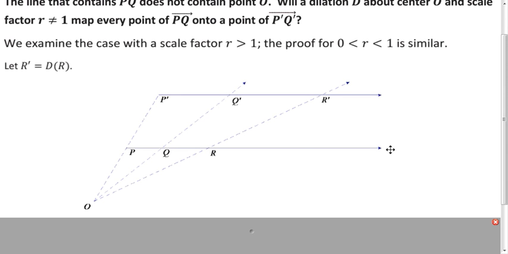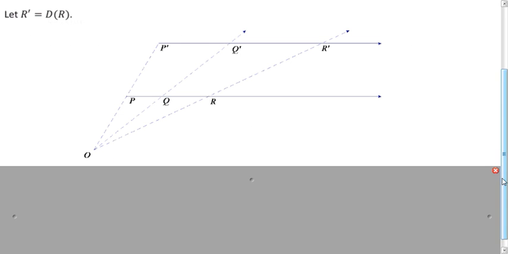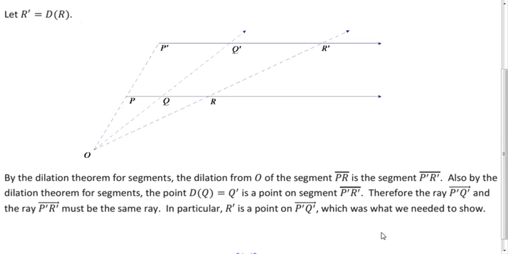So let's call that point R. And we want to dilate R using the same scale factor. Is R prime going to be on that ray like we want it to? Yeah, R prime is going to be on there because we know that PQ and P prime Q prime are going to be parallel. We learned that with dilations and the side splitter. And similarly, if we look at PR and we do that dilation, that's going to be parallel. So those have to be the same ray.